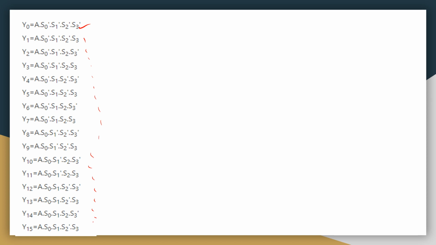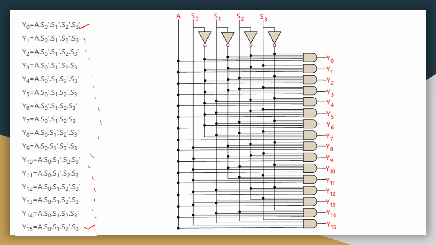Next, in similar manner, the Y15 case. Okay, so easily we can get it. Once we know all these expressions, we can easily draw the corresponding design diagram. Now it is the design diagram. Here Y naught is A, S naught bar, S1 bar, S2 bar, S3 bar, simply by connecting to the corresponding inputs.